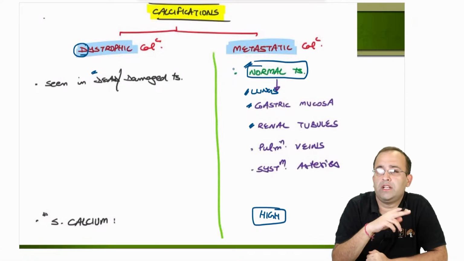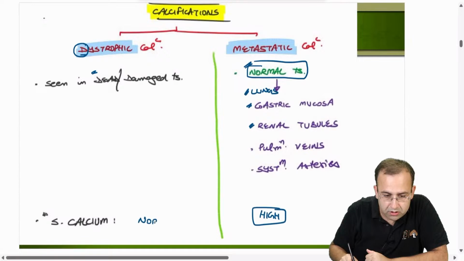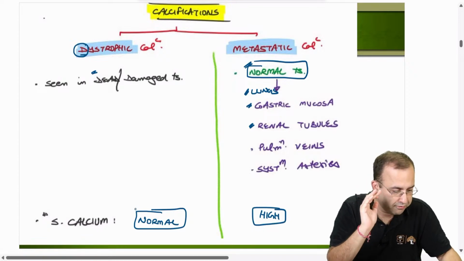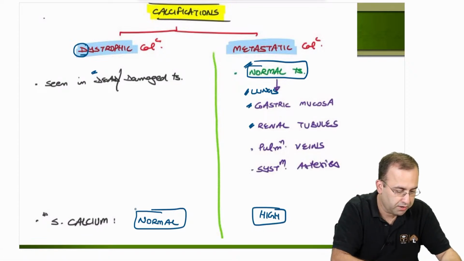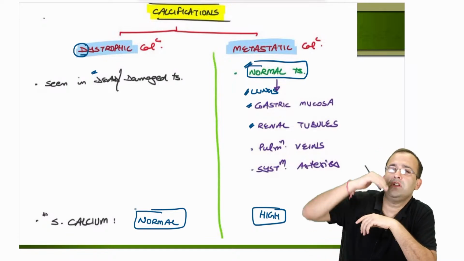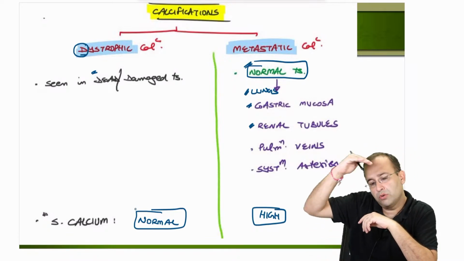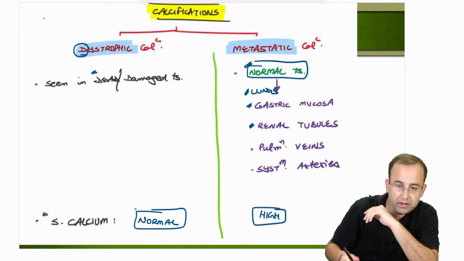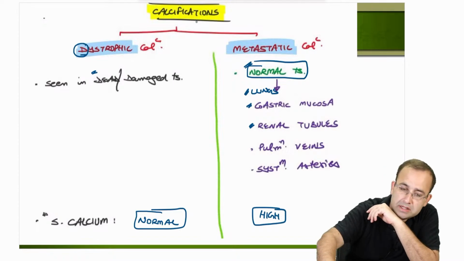Versus dystrophic calcification, where serum calcium is normal, but it goes and gets deposited in dead or damaged tissue. This is a very, very important point. In metastatic calcification, calcium is high, so it goes and gets deposited in normal tissues, versus dystrophic, where calcium is normal.